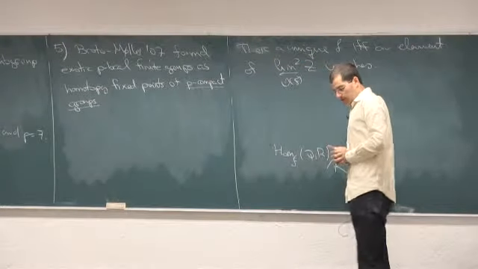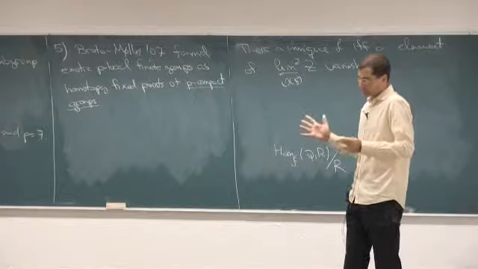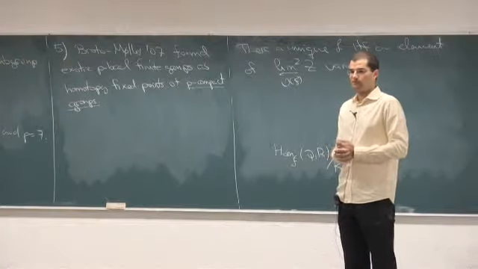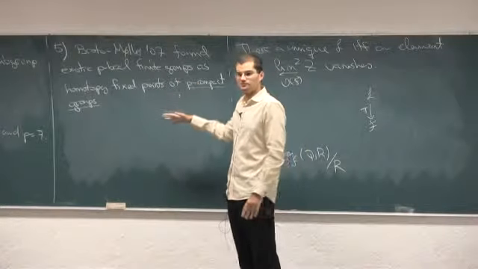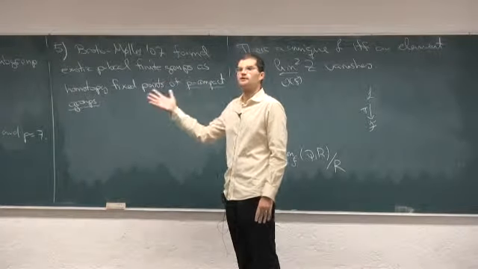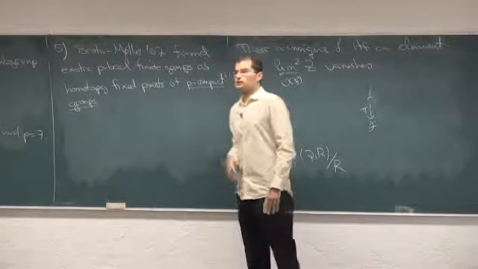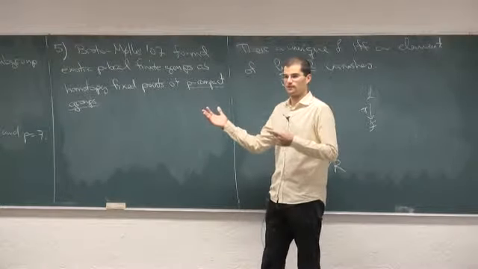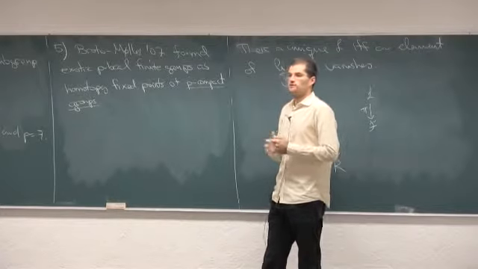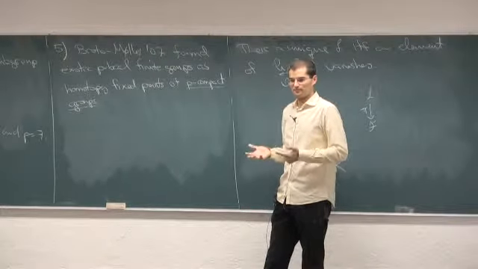Now, if you have ever seen just a few words about the classification of finite simple groups, you would have seen that there are some infinite families, and then there are some sporadic finite simple groups. So the infinite families are the cyclic groups, right? And also some groups of Lie type.